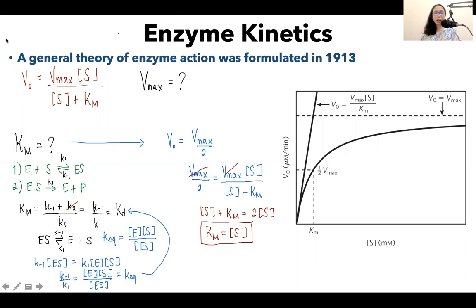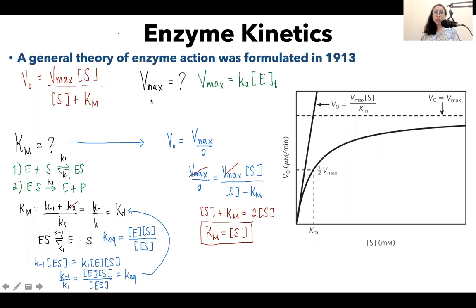It is not exactly the maximum initial velocity that your enzyme can achieve. If we have the two-step mechanism, then recall that your Vmax is defined as the rate constant of the second step times the total concentration of the enzyme.